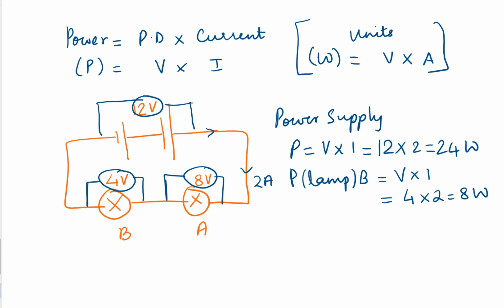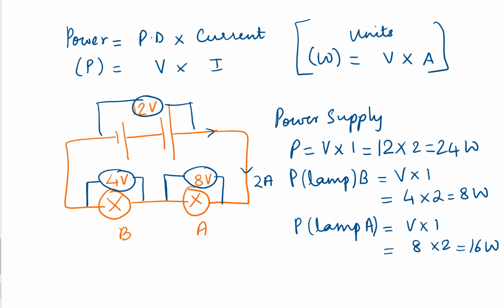So 8 watts is the power of lamp B, and the power of lamp A is again V into I, which is 8 into 2, which is 16 watts. So if you know the values of your potential difference and the current, you can find the power of the battery and of every component present in the circuit.